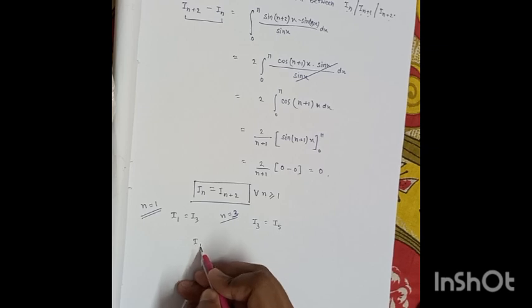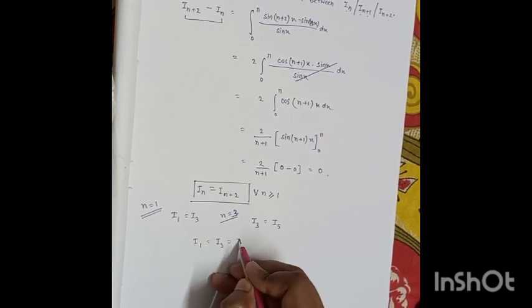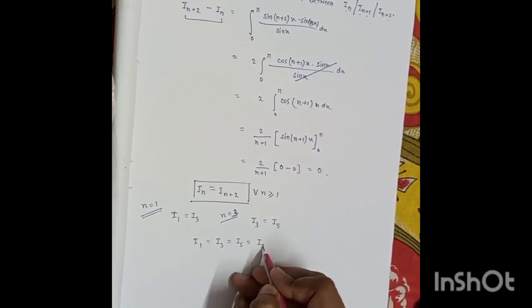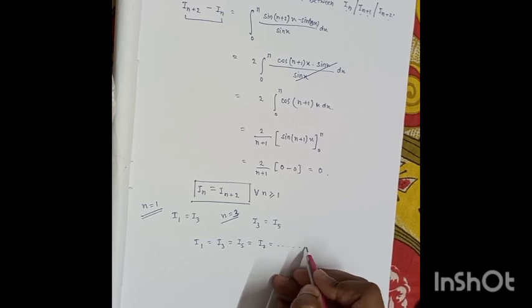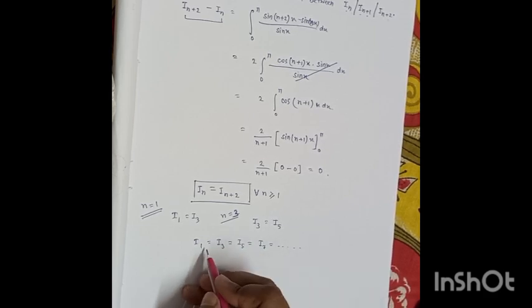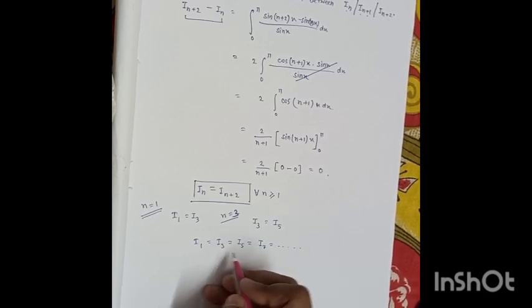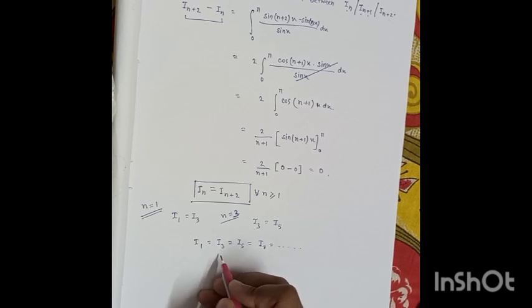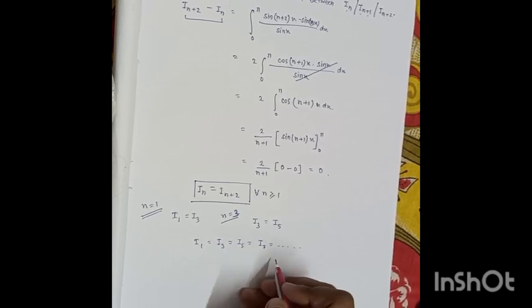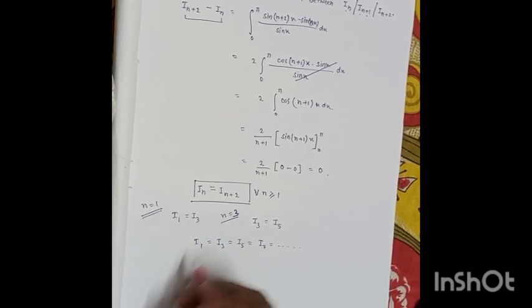So we can say that I1 equal to I3 equal to I5 equal to I7 equal to so on, and all those I corresponding to all the odd numbers will become equal.